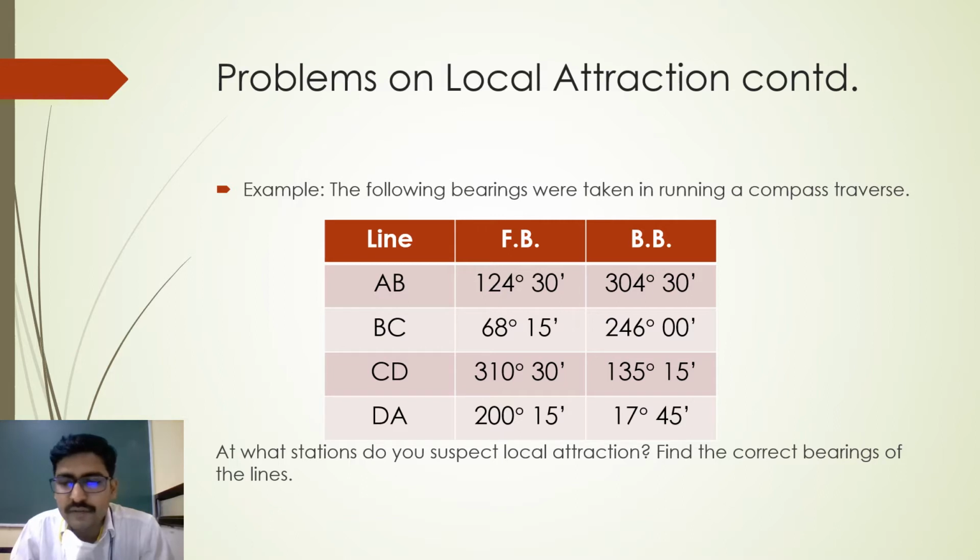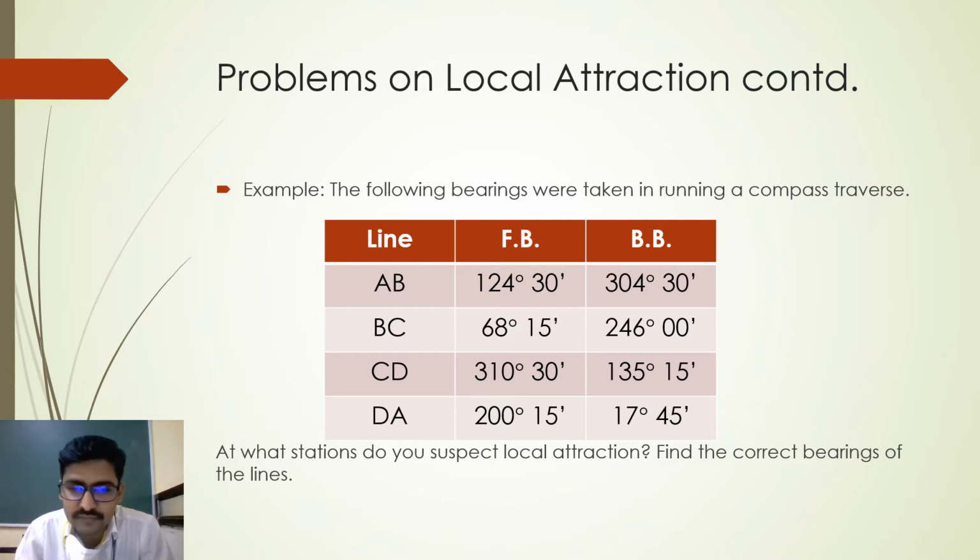So identifying the local attraction, I have told you how to identify if there is any local attraction or not. First you will find out the difference between forward bearing and back bearing of the lines, and whichever line gives you the difference exactly 180 degree, that particular station is free from local attraction.